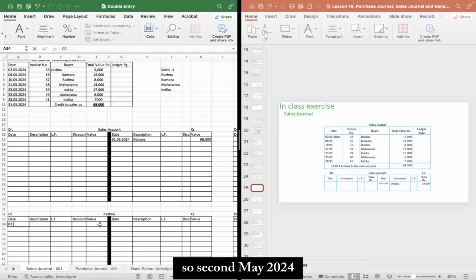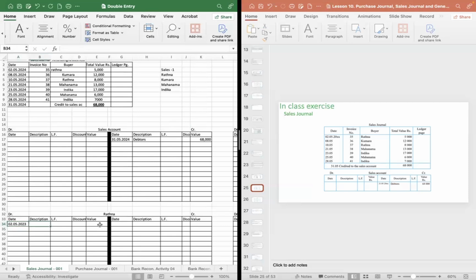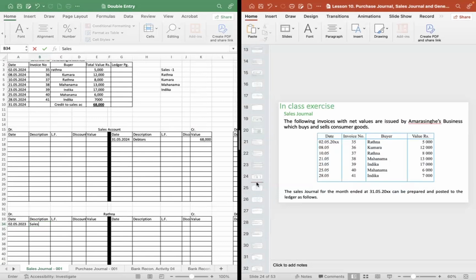So 2nd May 2024, sales, value was 5,000.